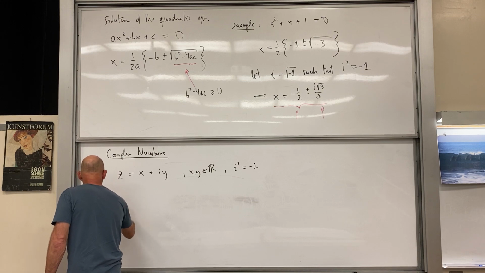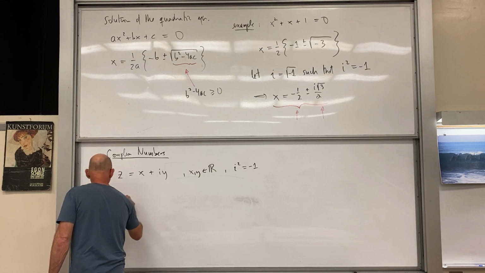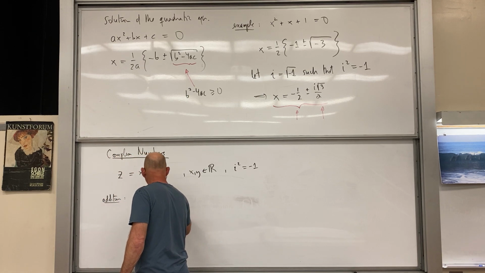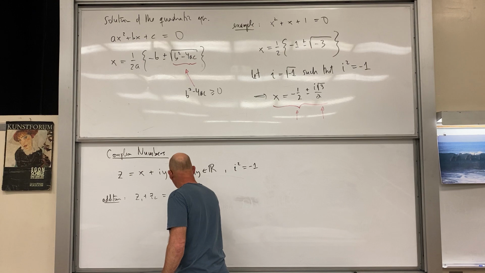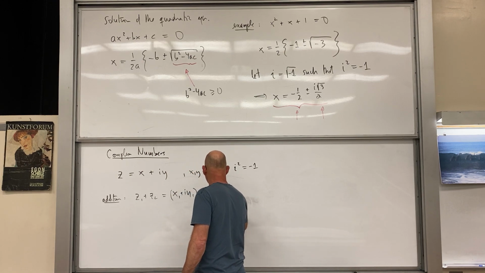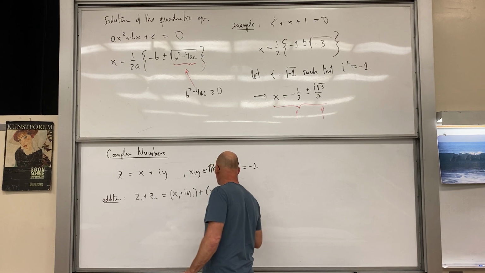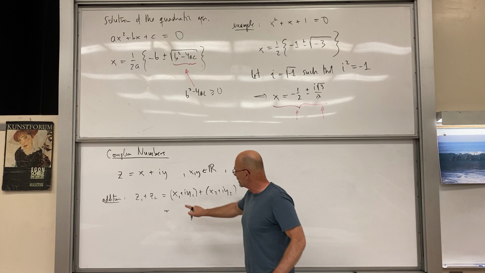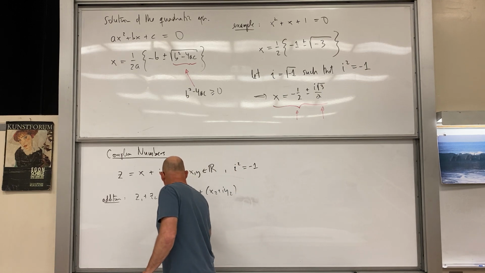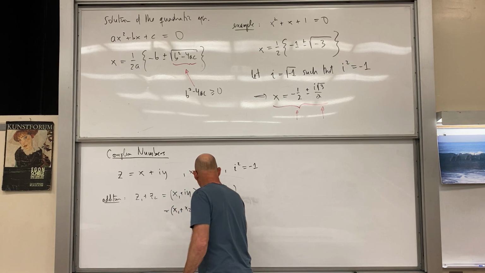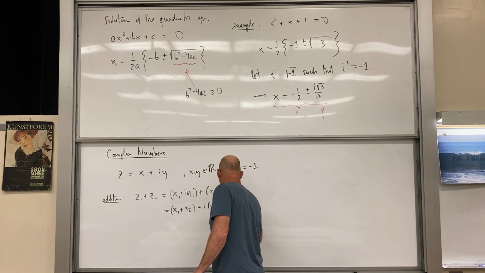So, addition is defined like this: z1 plus z2 equals x1 plus i y1 plus x2 plus i y2. And what you do is you combine the real parts. So you've got x1 plus x2 plus i times y1 plus y2.